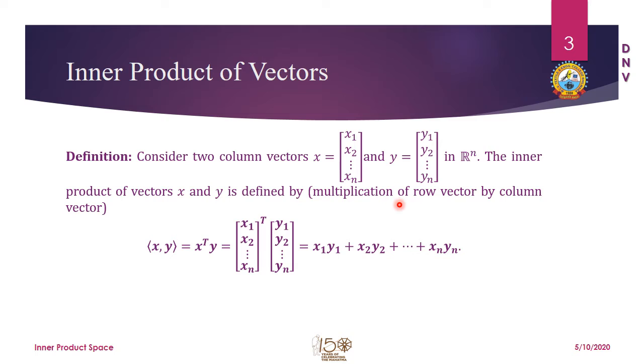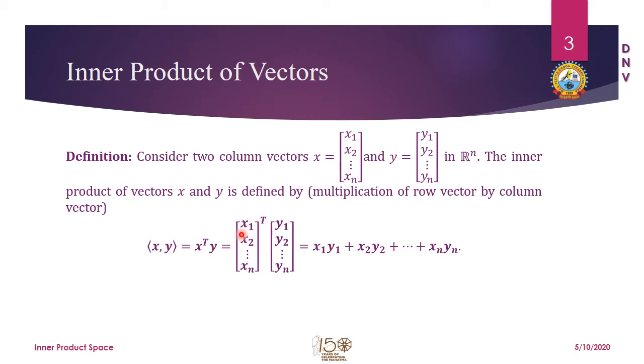The inner product of these two vectors, that is multiplication of a row vector by a column vector, is defined with the symbol left angle, right angle and x comma y. It is as good as writing the multiplication of x transpose and y vector.